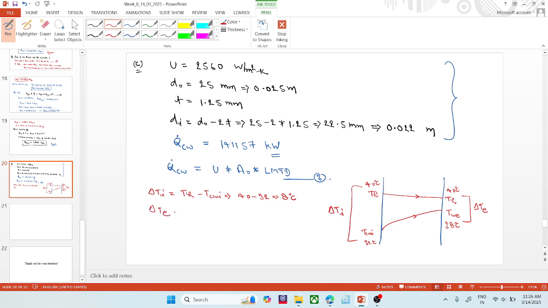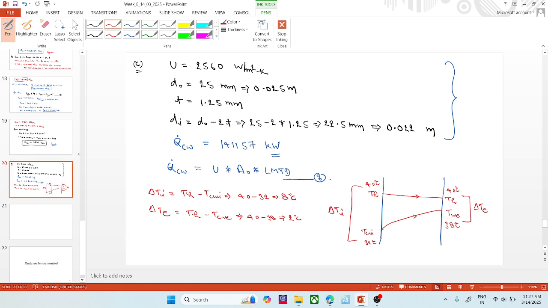Then delta Te would be Th minus Tcwe, which is 40 minus 38 equals 2 degrees centigrade. Okay.